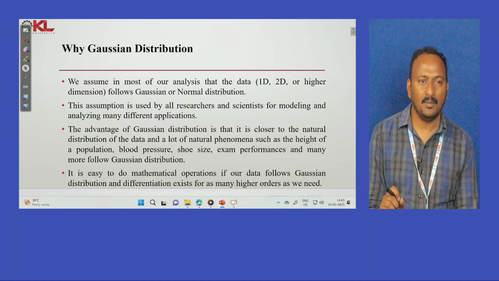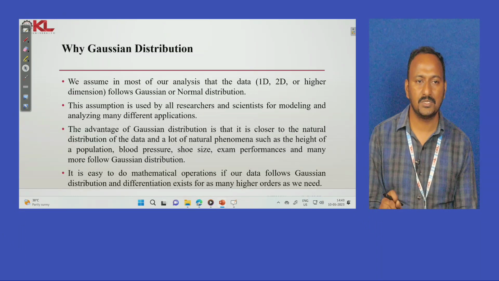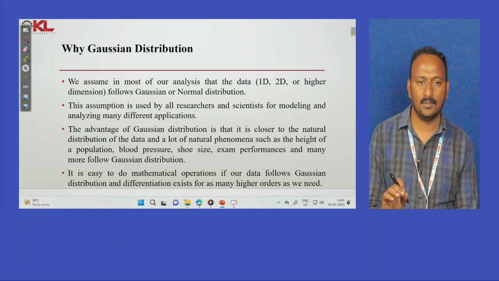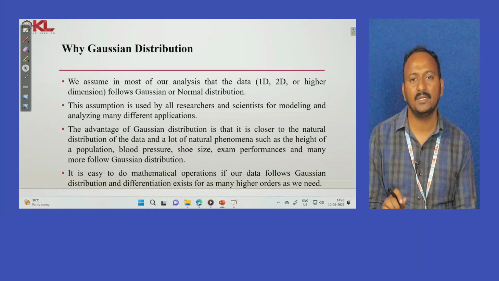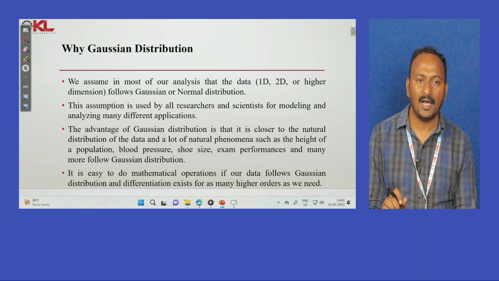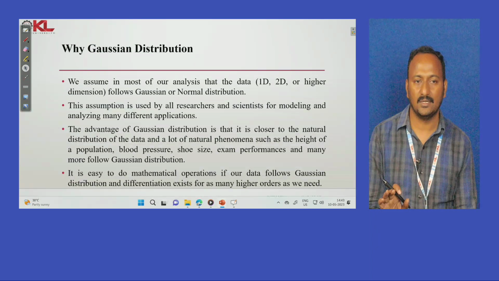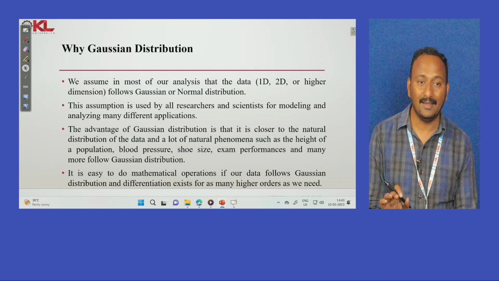And coming to why we need to go with the Gaussian distributions. We know that in most cases, whatever data we have, whether one dimensional, two dimensional or higher dimensions, must follow the Gaussian distribution or normal distribution. This assumption is used by most researchers and scientists to model and analyze many different applications.